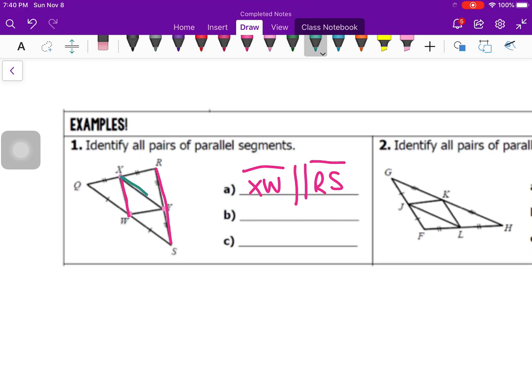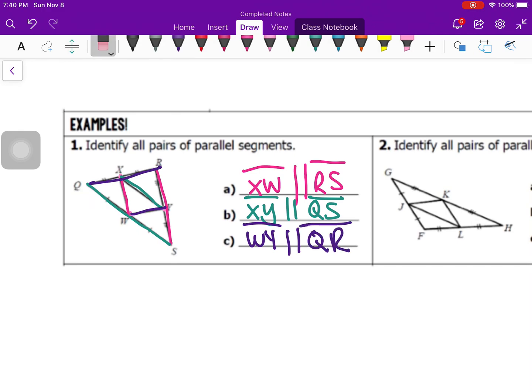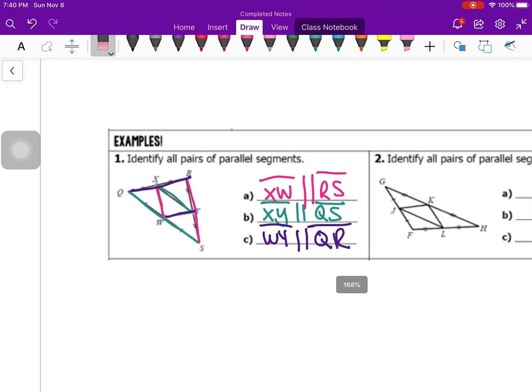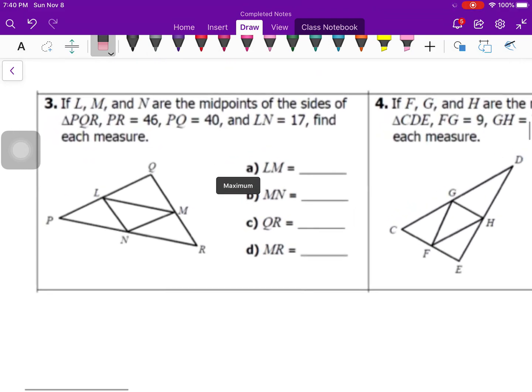Then we have midsegment XY, which will be parallel to segment QS. And lastly, we have midsegment WY, and that will be parallel to segment QR. There you go.